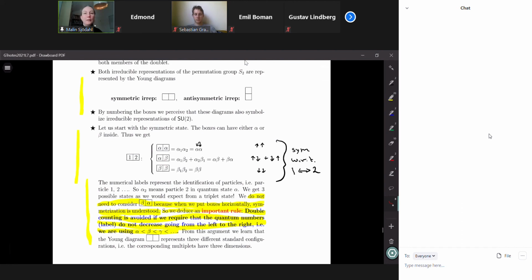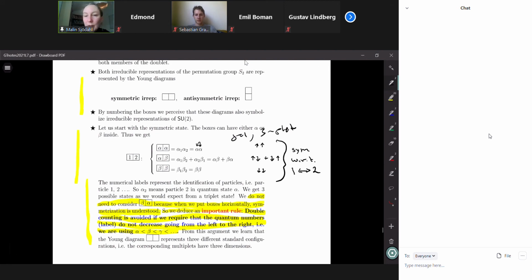Now, thinking back to spin physics, if I add two spin halves, this actually corresponds to the total J equals to one state. So this corresponds to the triplet state. So J equals to one triplet.